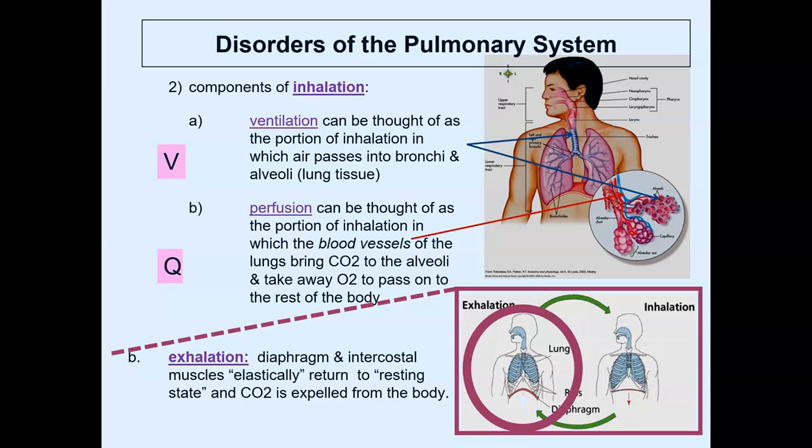So again, the process of inhalation is two parts: the ventilation, the bringing in of air, and then Q, the perfusion, that blood movement through the lung tissue to the alveoli so that gas exchange occurs.